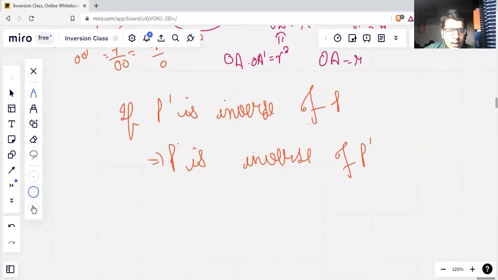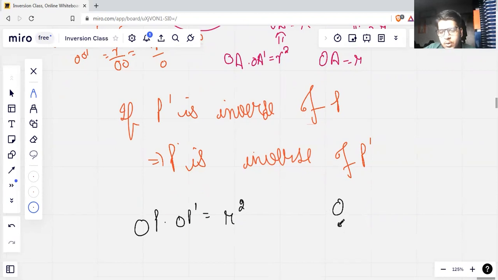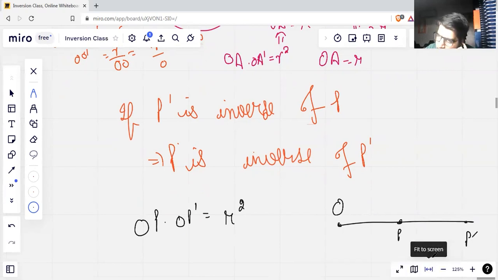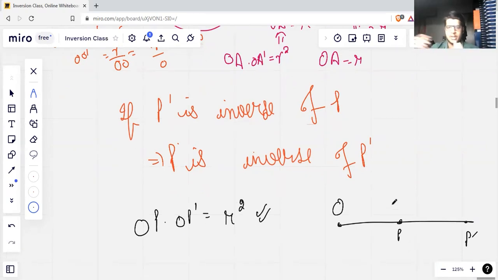Basically, OP into OP dash is R squared. Let's assume here is point O, here is point P, and there would be some point P dash here. Now we have that P dash is the inverse of P, so this thing is true, where R is the radius of the circle of inversion.